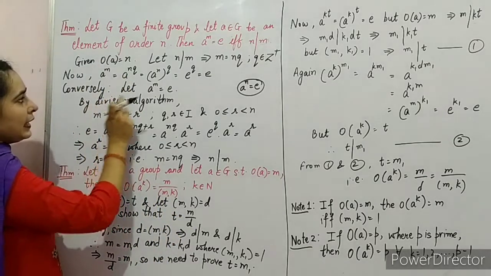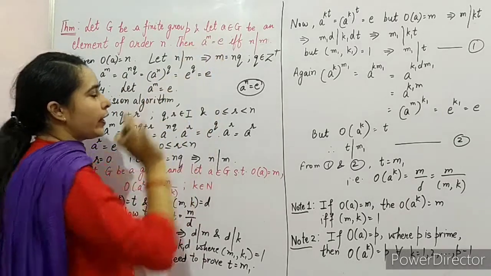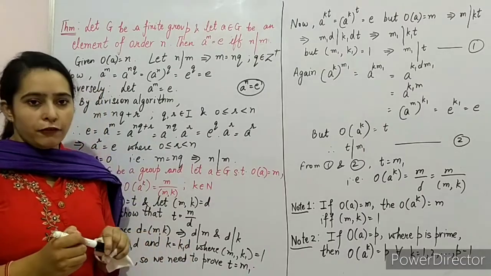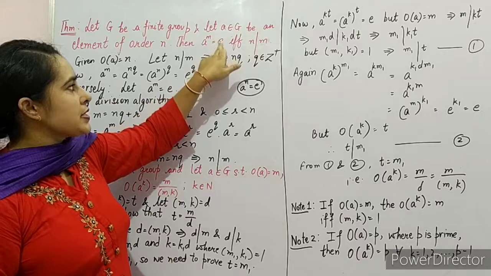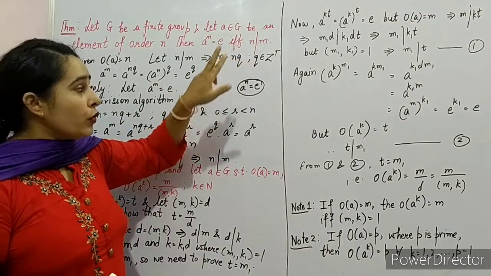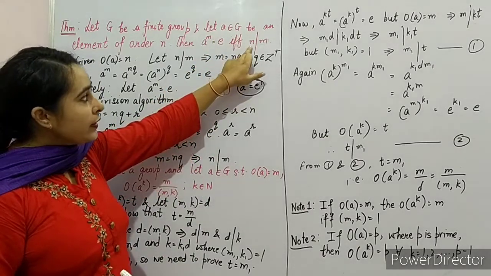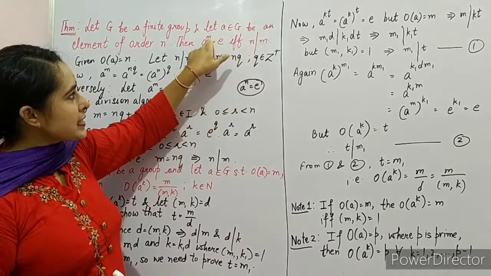Now conversely, let A raised to the power m be equal to identity. Now we have the order of A is n and A to the power m is equal to identity. What we have to prove is that n divides m.